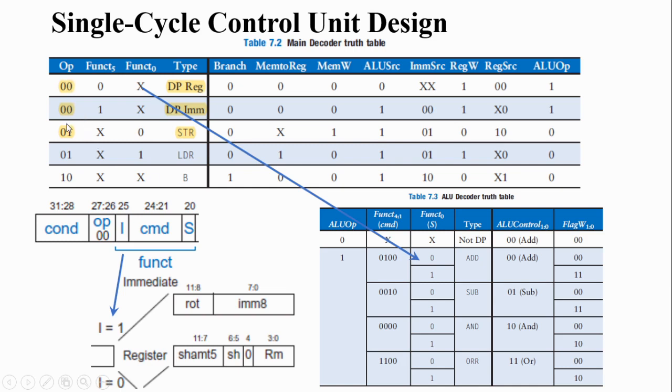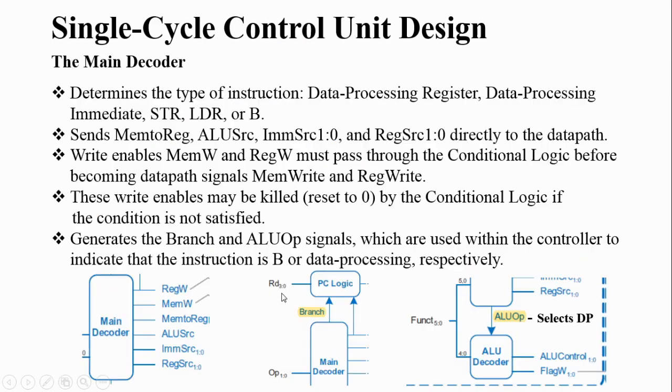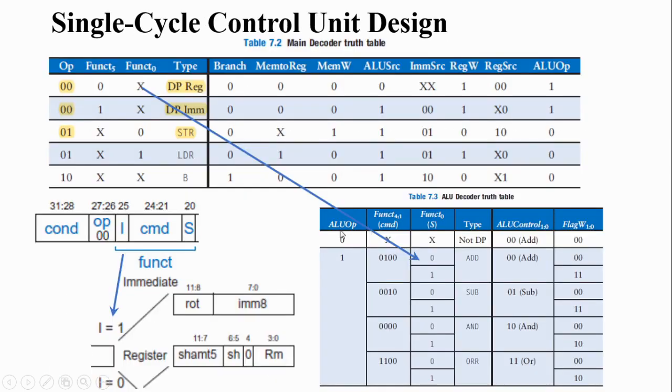So that is how, based on the opcode field, you are selecting data processing instruction. The processor will be selecting control signals for data processing instruction, store or load instruction, or branch instruction, right? Then we have the ALU output signal which is coming from here. If the ALU output signal is 0, that means no data processing has to be done.